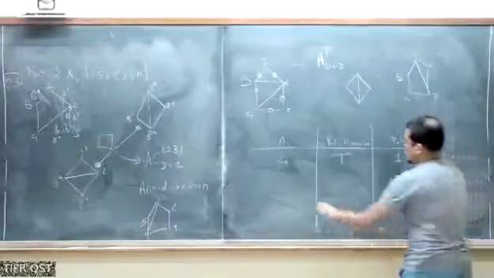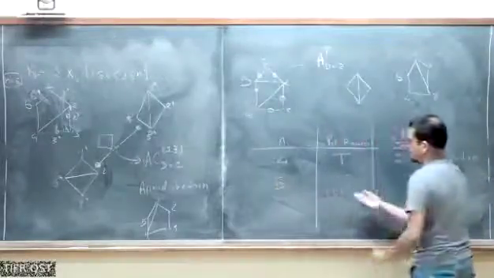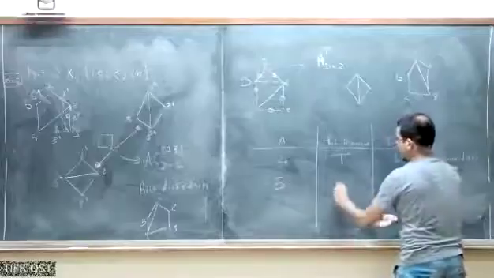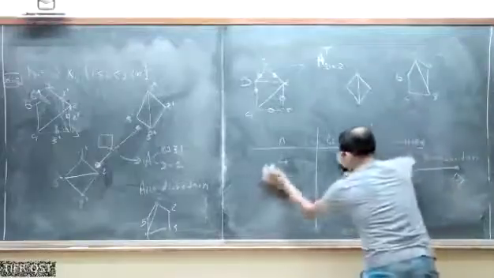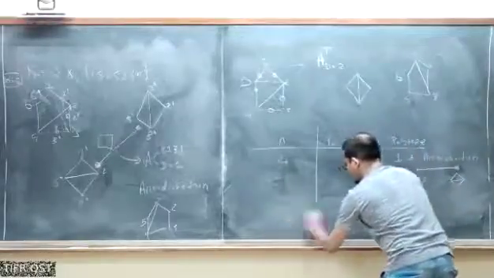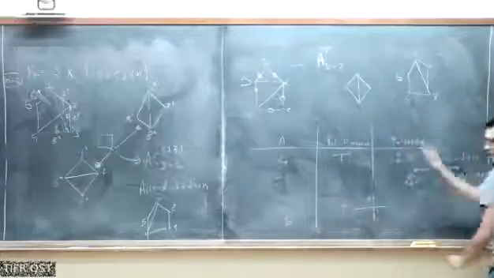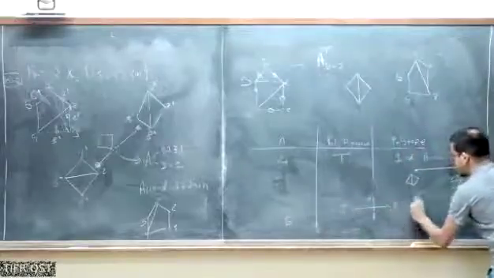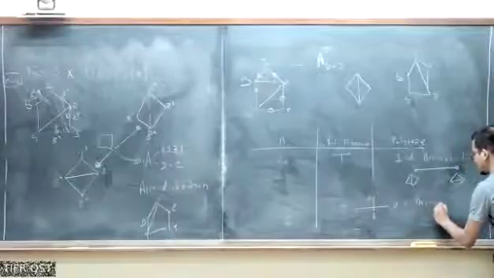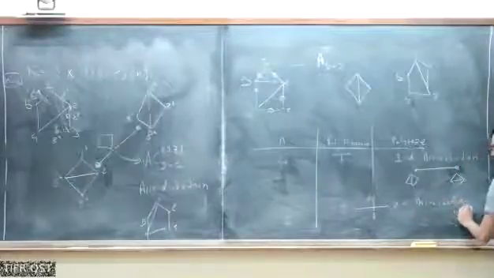But if you are at, say, n equal to 5, then you can have many possibilities. You can have a triangulation, which will give you a two-dimensional associahedron, and a unique associahedron. Every associahedron is unique.